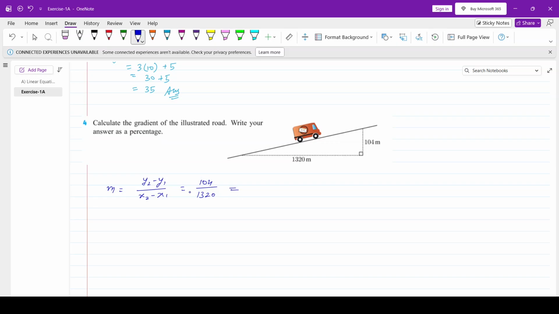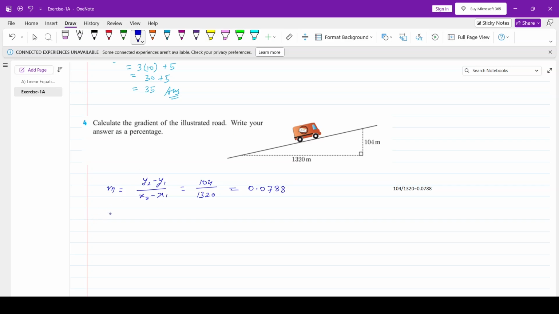If we calculate this, the answer comes out to be 0.0788.